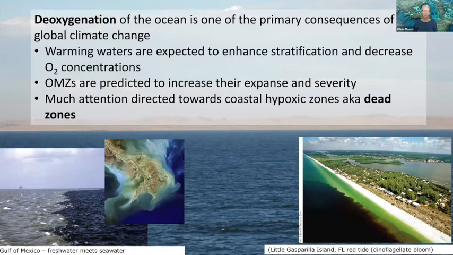OMZs are predicted to increase their expanse and severity, and a lot of attention has been directed towards coastal hypoxic zones, or dead zones as we call them. This is a really different type of dead zone than what Lauren studied, than what we're going to look at with the Northern Benguela upwelling system, because this is nutrient driven, as Lauren said. This river drains a large part of the continental United States.